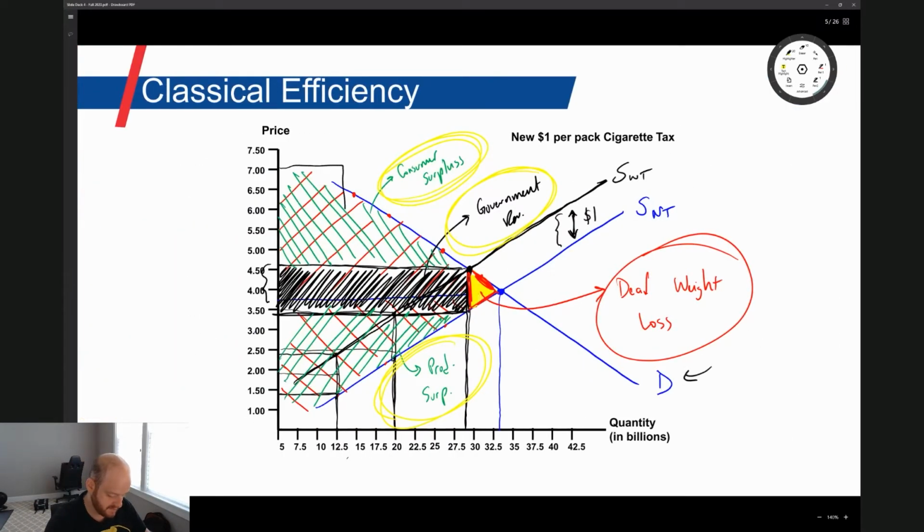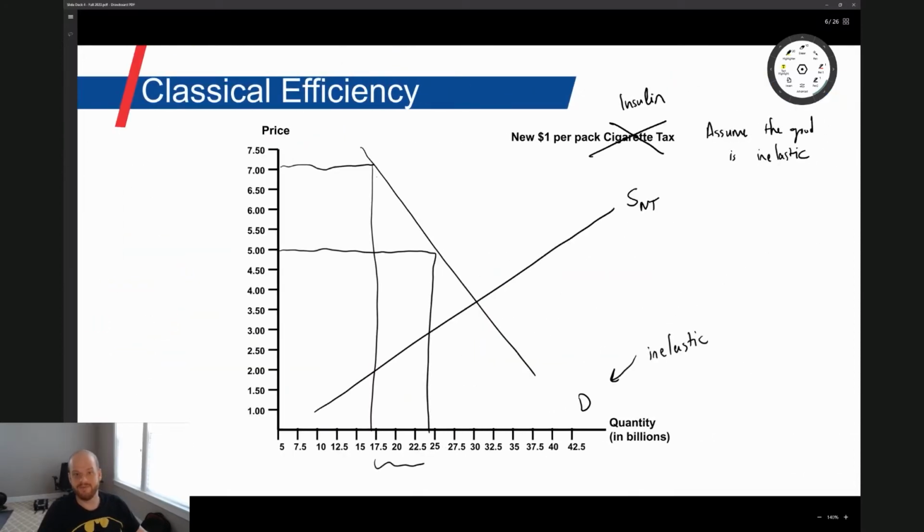The difference between $7, which would be somewhere up here, and $5, which is somewhere down here. So this difference right here is much larger than the difference between 7 and 5 right there, because this good is suddenly inelastic. It is much more essential. We absolutely need it. So while quantity does move, it doesn't move as strictly.